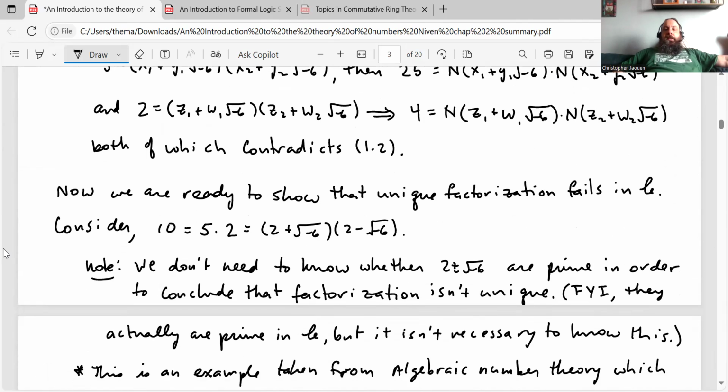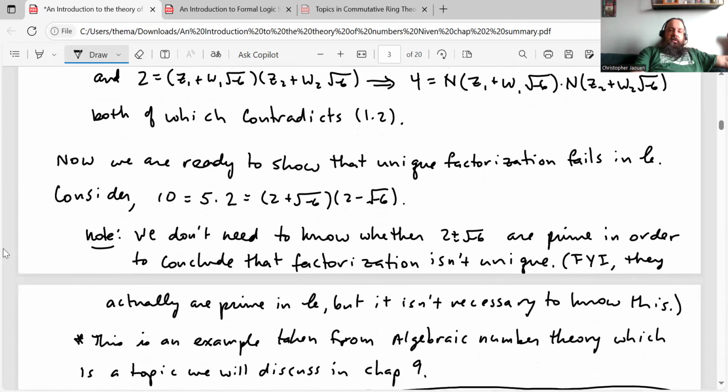Now we're ready to show that unique factorization fails in G. Consider the number 10. You can write 10 as 5 times 2, and you can also write 10 as 2 plus square root of negative 6 times 2 minus square root of negative 6. So it has two different factorizations.